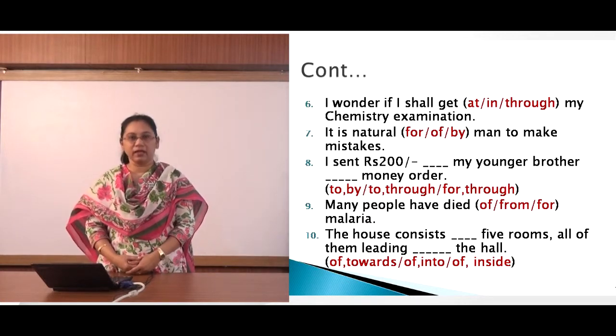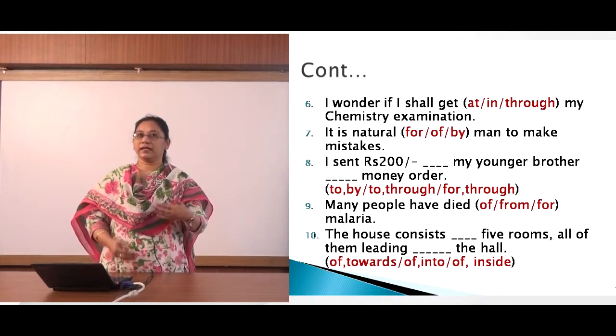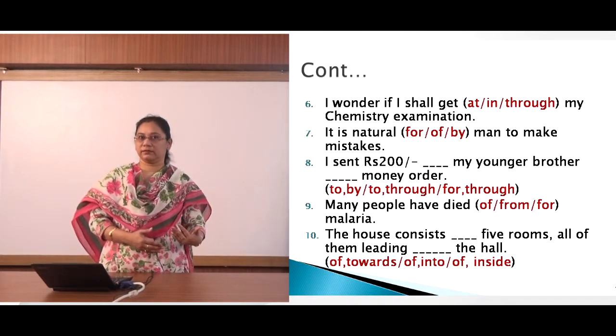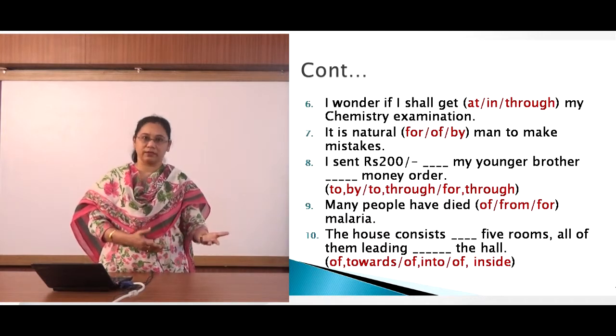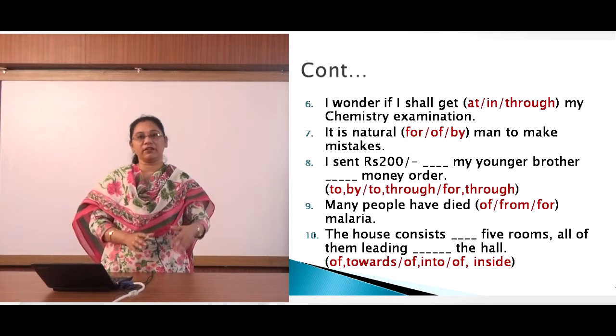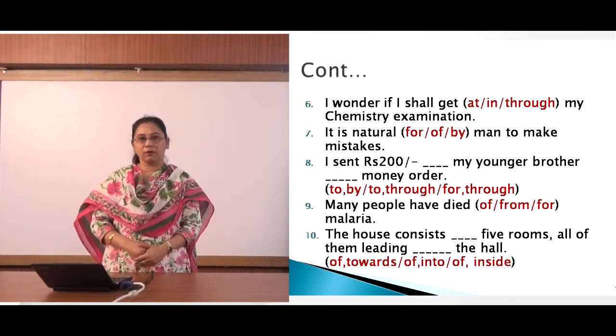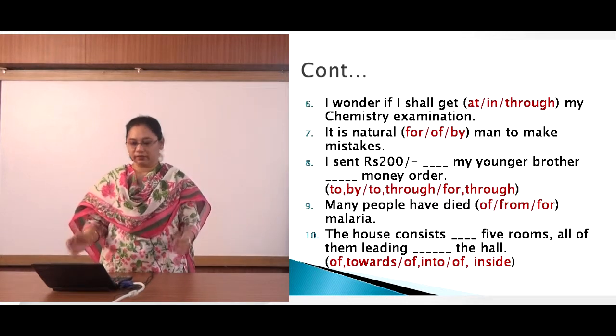Not from malaria but of malaria. If you use from, you are using a construction that has been said because of your mother tongue or your first language, your vernacular. So the right answer is many people have died of malaria, not from, not for. Obviously many people cannot die for malaria.